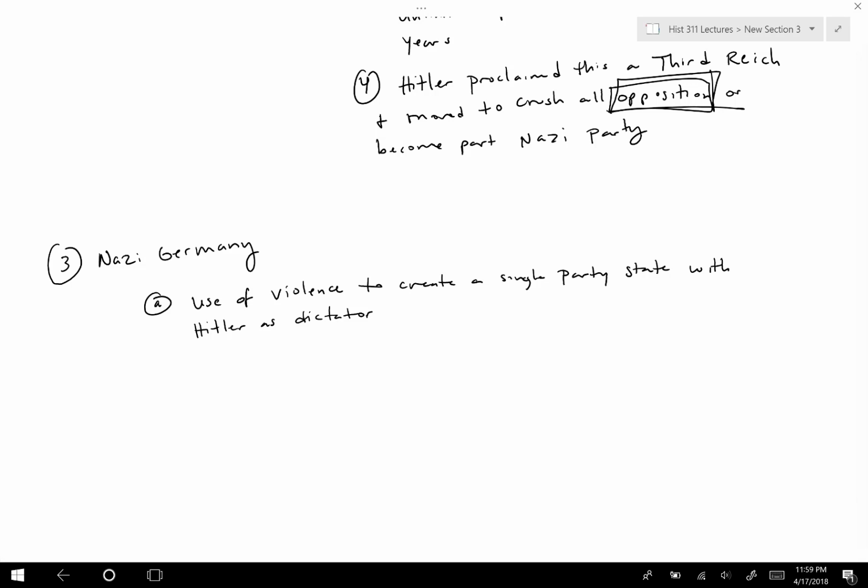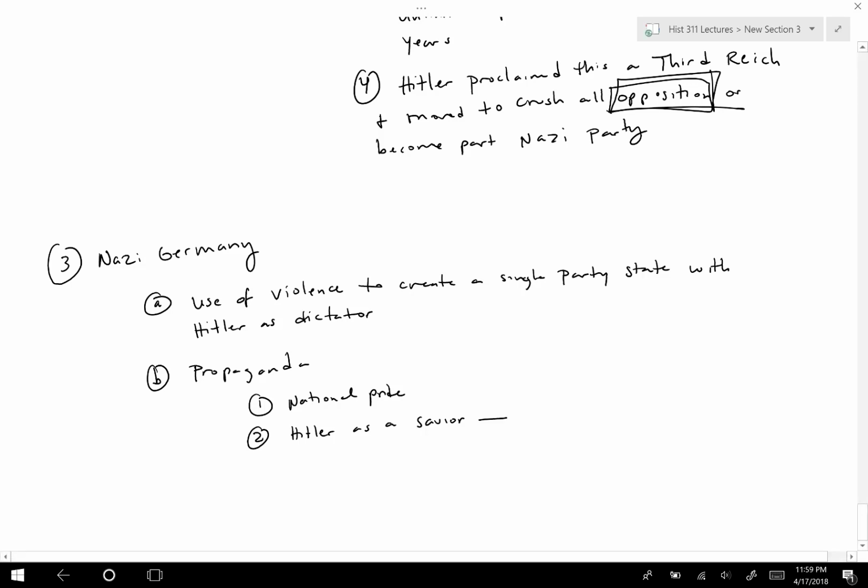And they use this as propaganda for several things. We talked about some of these already, but national pride, Hitler as a savior, which created the Führer cult in the process, which is that cult leader component.